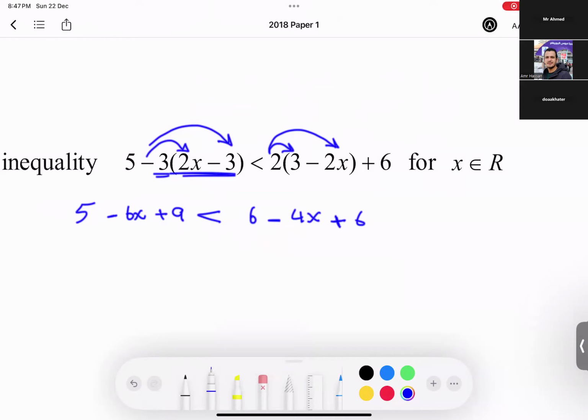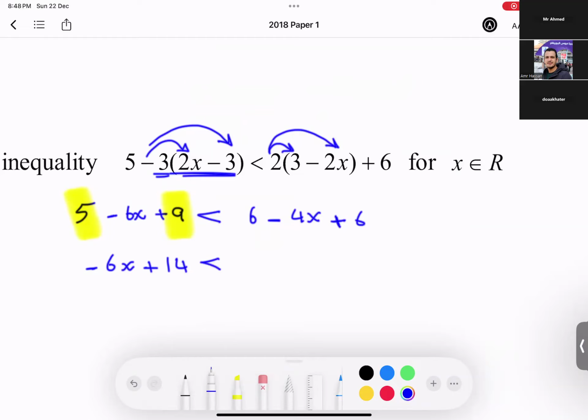I'm good. Okay. So right now, I'm looking for like terms to combine them together. Here we have 5 and 9, right? They're the same. So let me write down -6x plus 14, right?